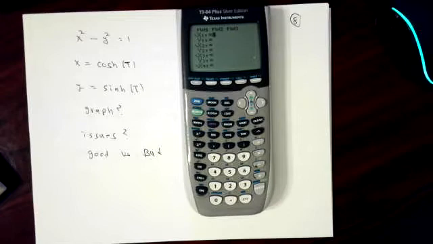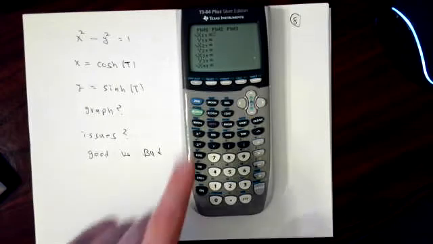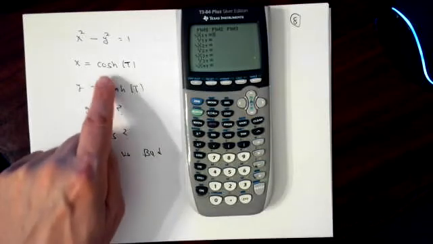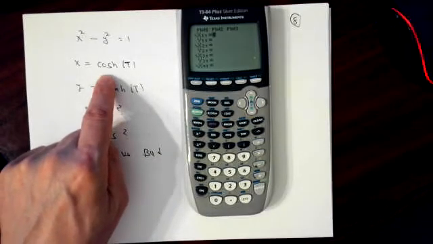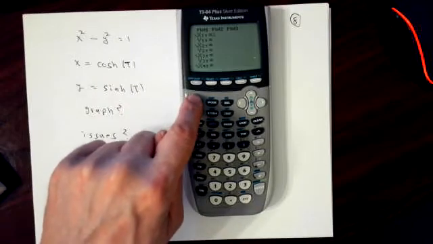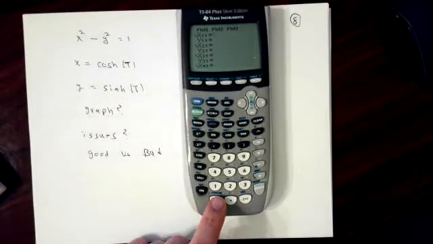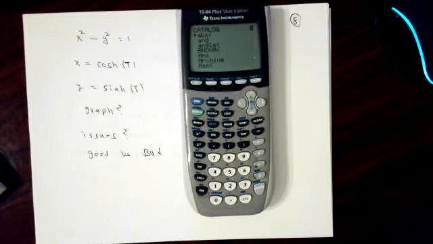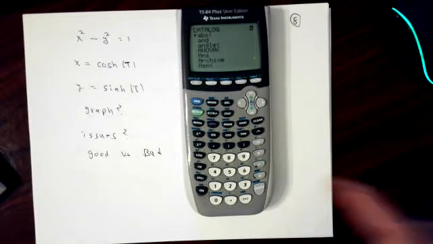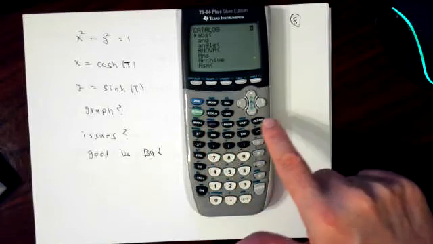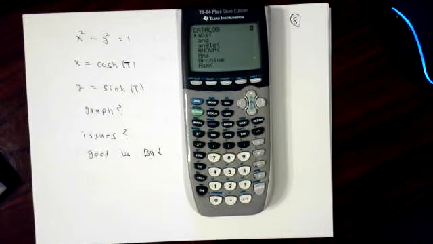Even so, it's built in. We just have to go looking for it. So my x1, which I want to be hyperbolic cosine of t, I'm going to push the second button and then 0. This brings up a list of everything the calculator knows how to do. If you look at the keypad, up above the keys are the letters of the alphabet.